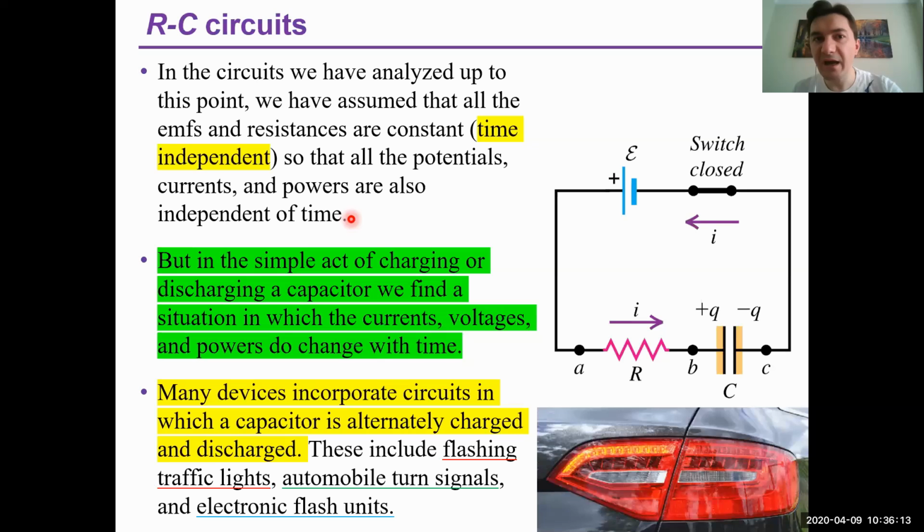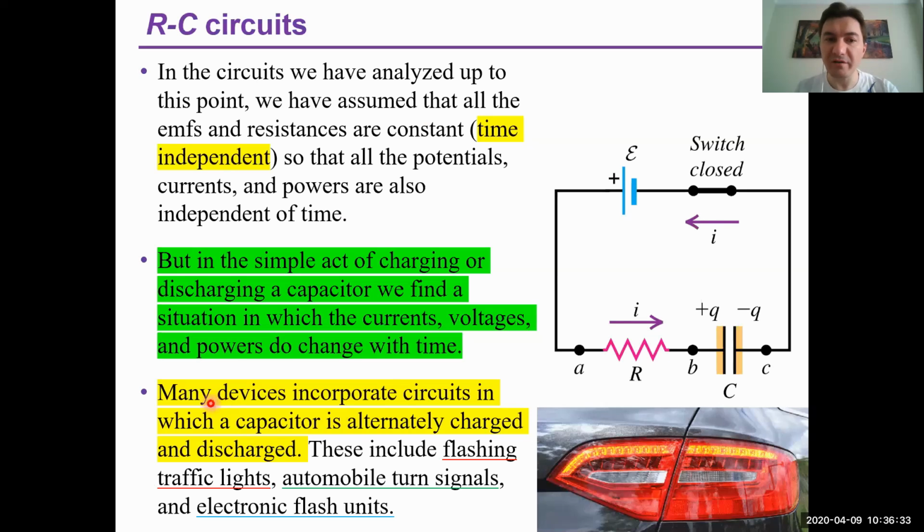But if we have such a circuit including capacitors, then we have to consider that the currents, voltages, and powers do change with time. So today we will concentrate on this.